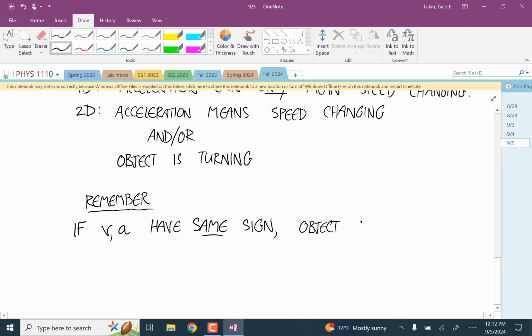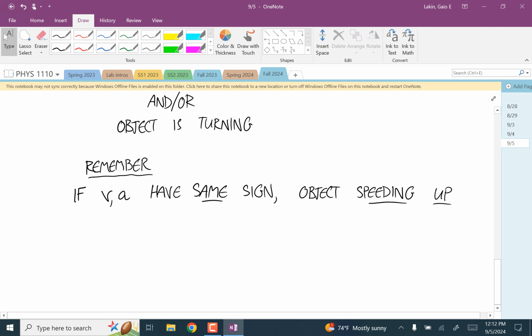So you don't know whether the thing is speeding up or slowing down unless you know the signs of both the acceleration and the velocity. If the velocity and acceleration have opposite signs, then the object is slowing down.